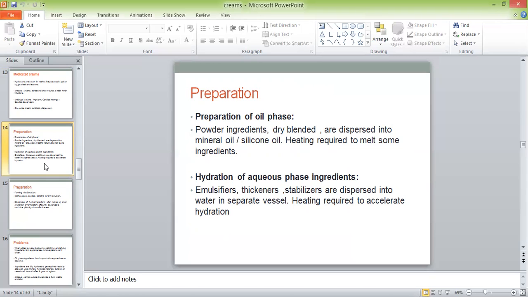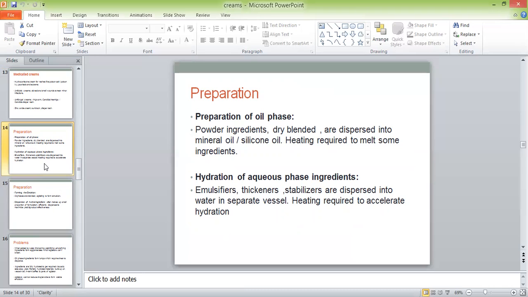Silicone oil is present in sunscreen. It decreases the stickiness of the oils present in the sunscreen oils.